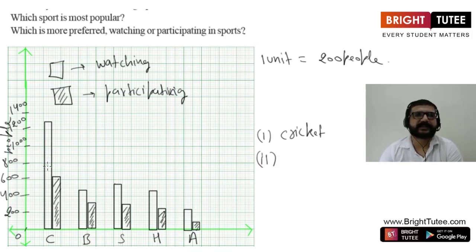As we can see, the empty bars are higher than the shaded ones. Therefore, we can say watching of the sports is more preferred. So in this question, from a tabular form of data, we have drawn a bar graph, and then using the bar graph, we have answered a few questions.